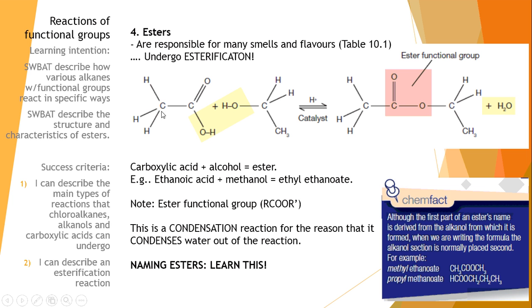So here we have ethanoic acid and ethanol. The OH group that is part of ethanol and the OH group that is part of the carboxylic acid react, and in the presence of H+, think acid, so in an acidic environment with lots of H+ around, and with a catalyst involved, we see the joining of two to become one.